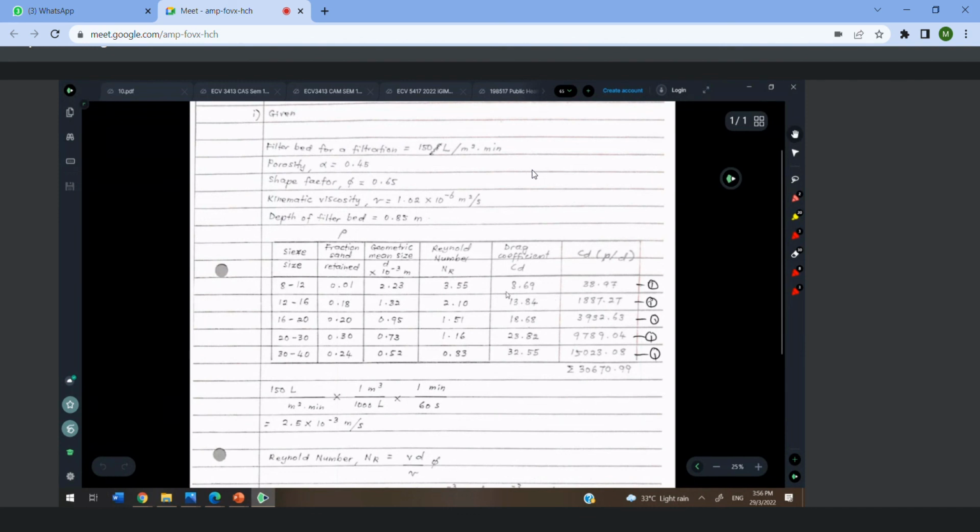So CD in bracket 0.01 divided by the diameter. Can someone confirm that you can get 38.97? P here is the fraction of sand retained. Sorry, I have to speak louder because it's raining heavily here.